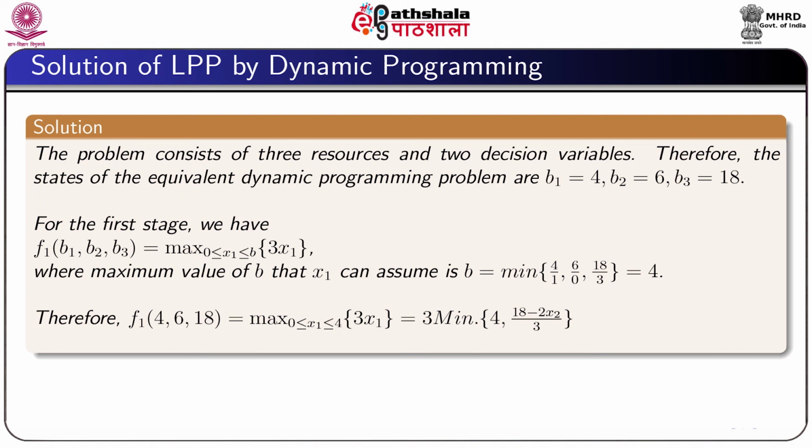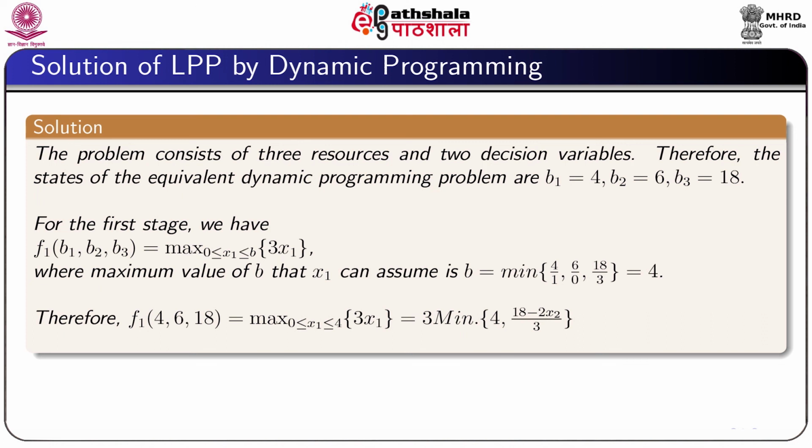We will consider the maximum of 3x_1 where 0 is less than or equal to x_1 less than or equal to b, and the maximum value of b that x_1 can assume is the minimum of 4 by 1, 6 by 0 and 18 by 3, which is equal to 4. Therefore, f_1(4, 6, 18) is equal to the maximum of 3x_1.